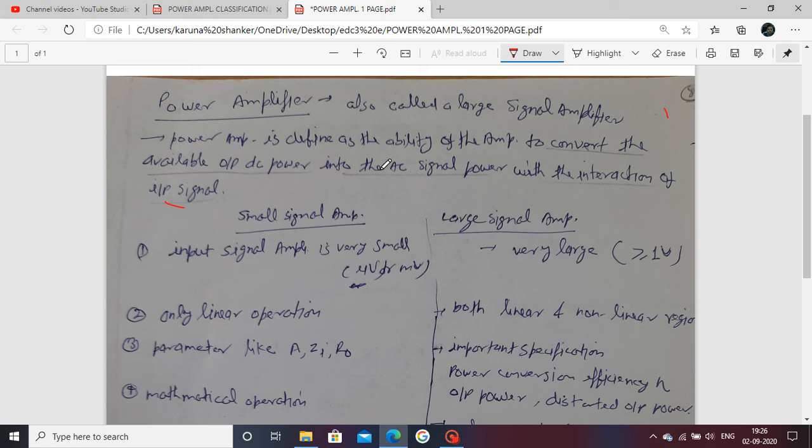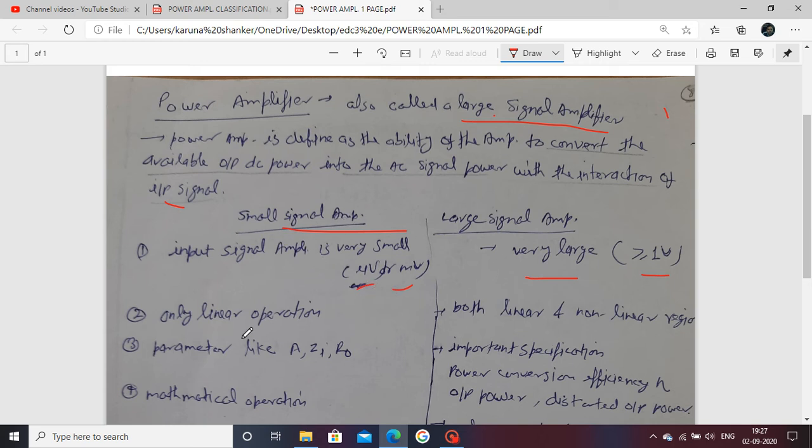A power amplifier is also called a large signal amplifier, and a voltage amplifier is a small signal amplifier. Large signal means a very large input, greater than 1 volt, while a small signal is in terms of microvolts and millivolts.